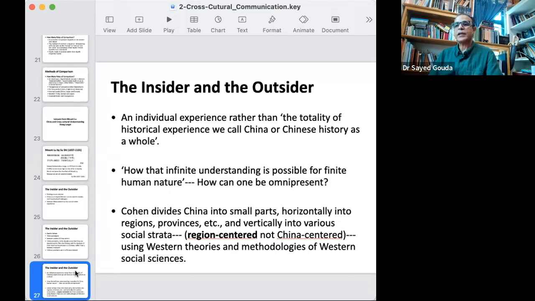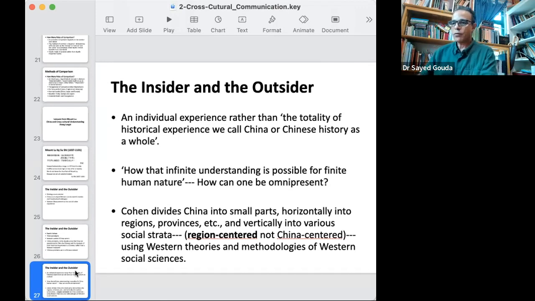So again, it's an individual experience about a certain time, a certain incident in time. It's not about Chinese history as a whole, not about the totality of historical experience. And so we read different opinions offered by different scholars because each of them provides his own individual experience and understanding of history.